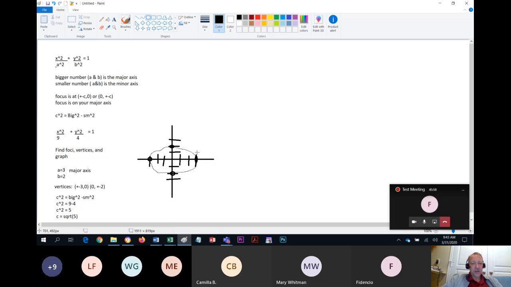It's always on the major axis, so I'm just going to put in a little circle there, a little circle there to represent my foci. And that will be pretty good. Okay, does that make sense? Yep. Okay. All right, so the length of your major axis, if it got 3 here and 3 here, is 6. If this is 2 and 2, the length of your minor axis is 4.